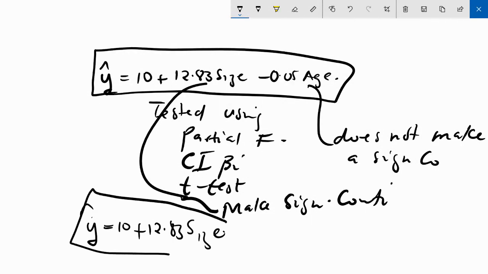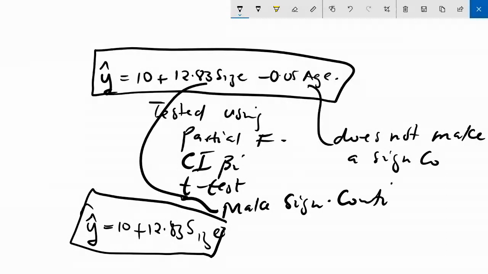Your reason was that when testing the relationship between age and y, the relationship was not there, but between size and y, the relationship exists. So you only leave the variables which are significant.